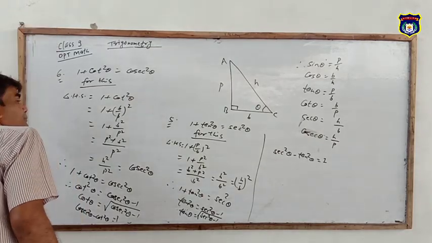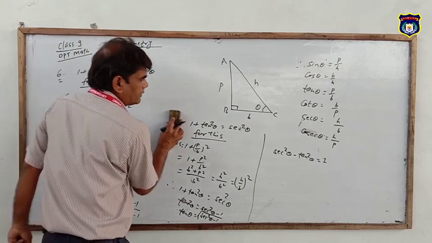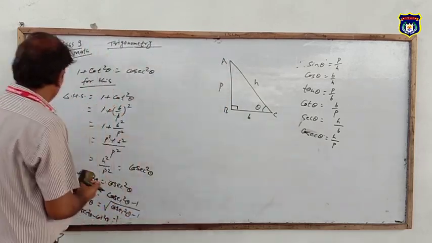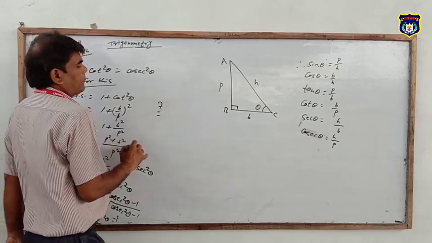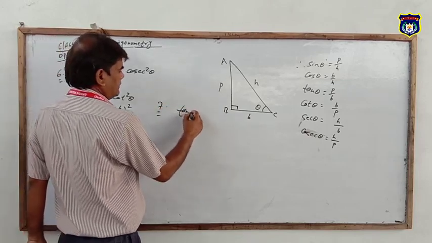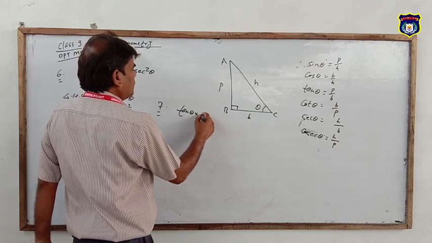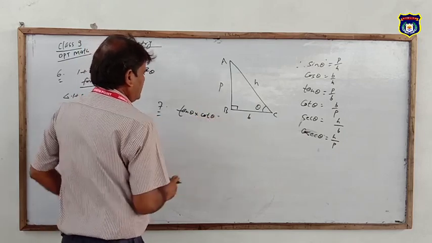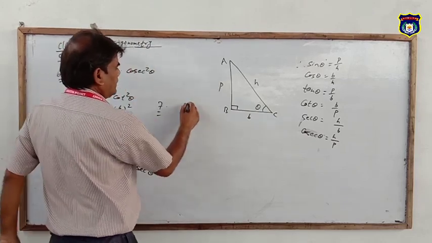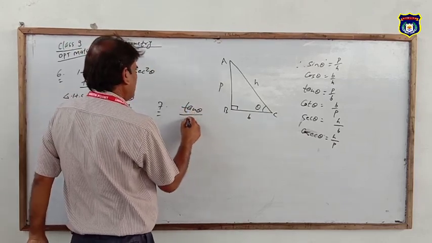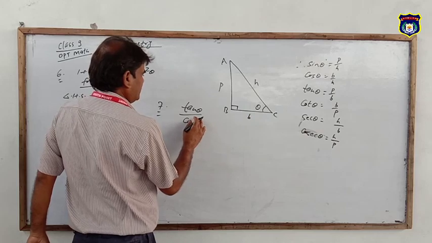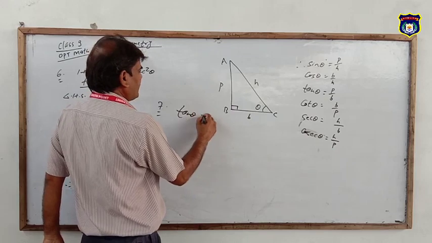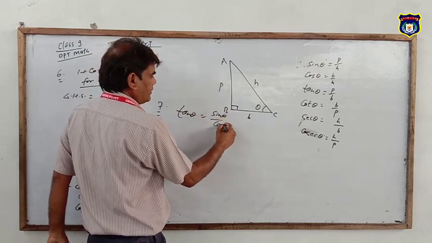And next, number 7, tan theta is equal to sin theta by cos theta.